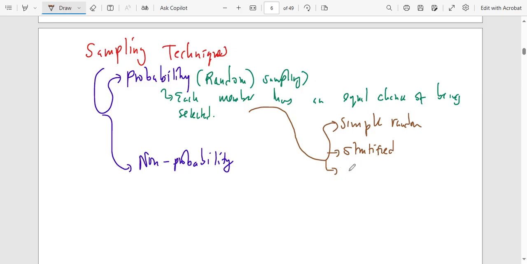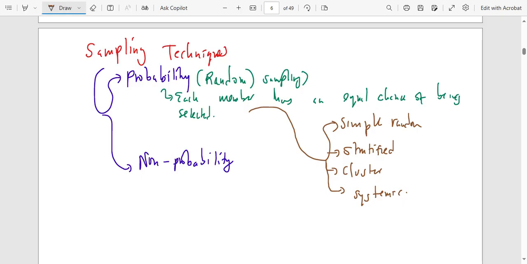Number three, cluster sampling. And then number four, systematic sampling. Okay: simple random, stratified, cluster, and systematic.